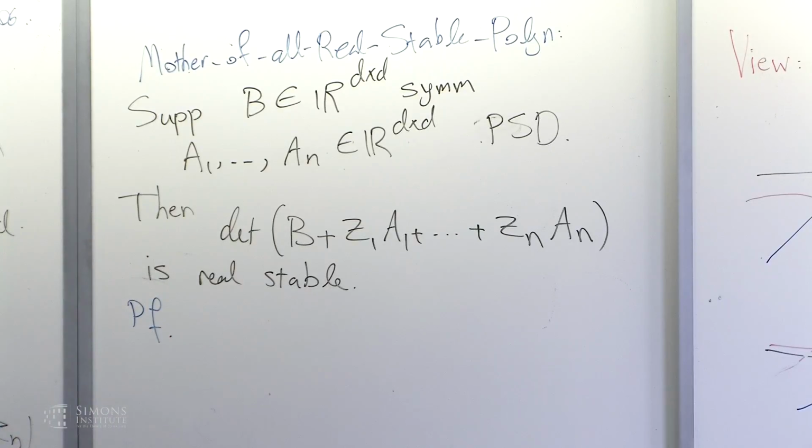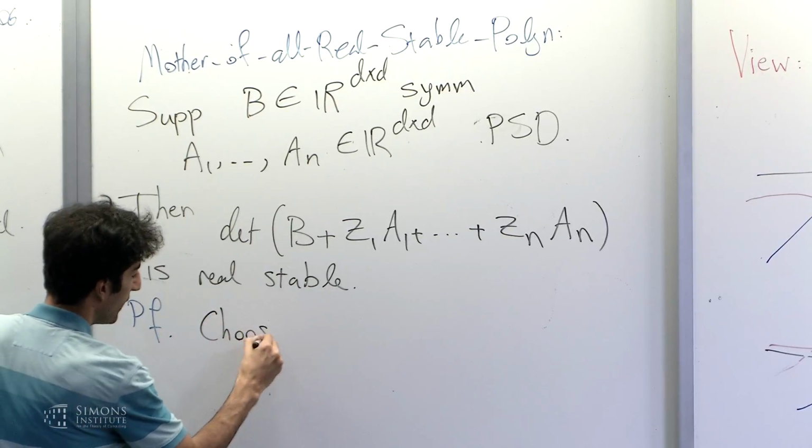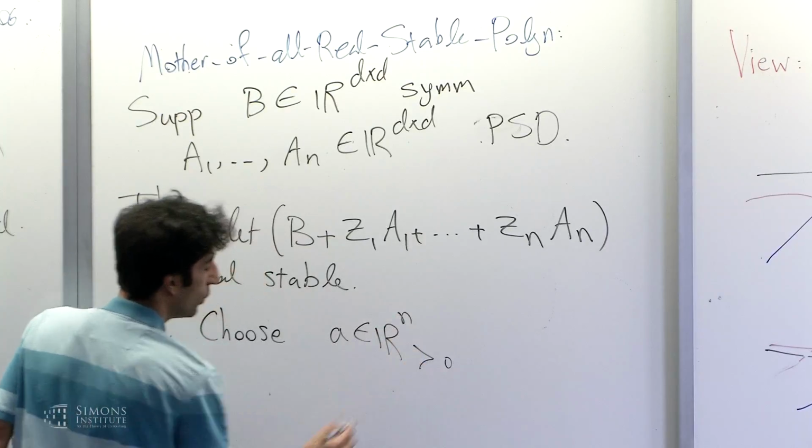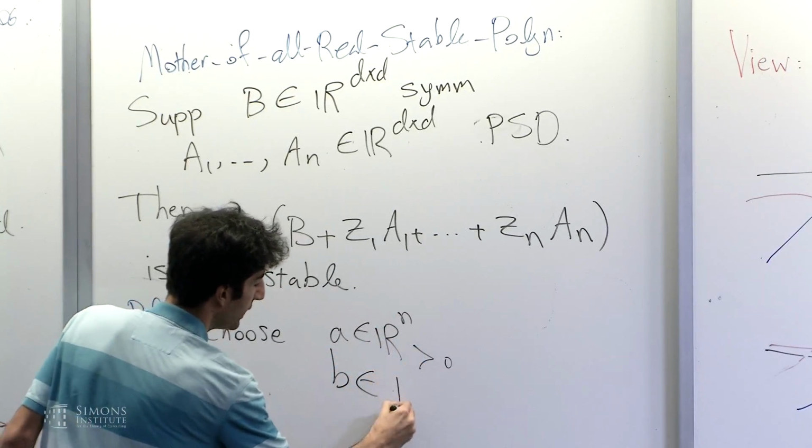So let me prove this. The proof is by this lemma I said a few minutes ago. Basically, I again look at this along lines parallel to the positive orthant. So let's choose an arbitrary vector a in R^n with every coordinate positive, and b in R^n.